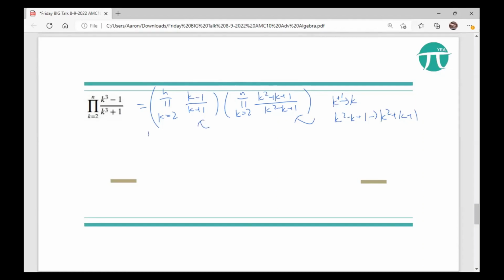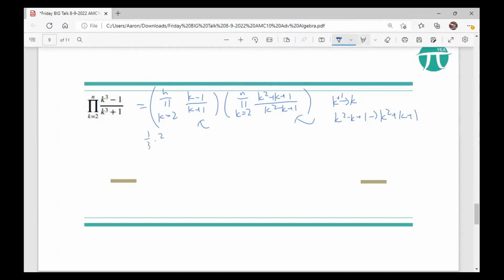So the first one is 1/3 times 2/4 times 3/5, and so on, all the way to n minus 2 over n times n minus 1 over n plus 1.